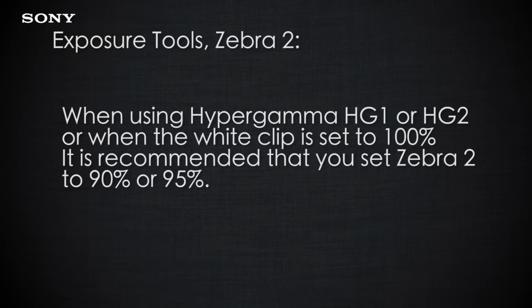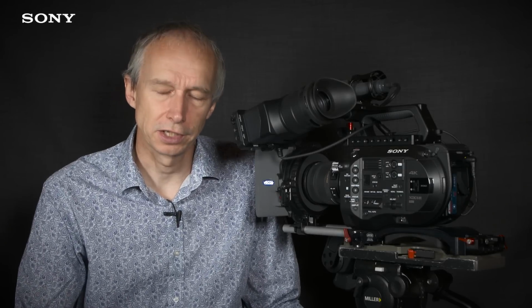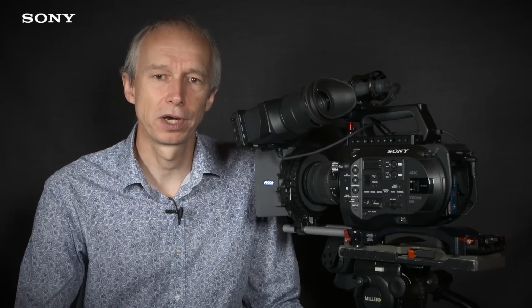If you want, you can bring that level lower. So if you're using Hypergammas 1 or Hypergammas 2, which only record to 100%, you would want to bring Zebra 2 down to 90 or 95% so that it will indicate that last 5 or 10% between 90, 95 and the 100% peak recording level.